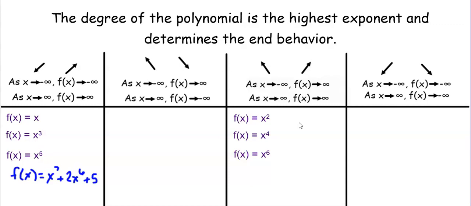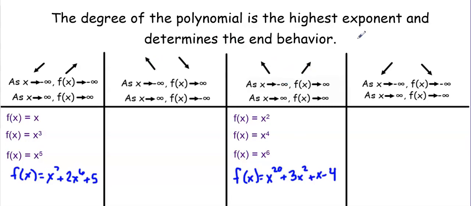And then we can add one other example. Let's say f of x equals, I'll do x to really any even number, I'll put 20, plus 3x to the 2nd power plus x minus 4. As long as the largest exponent is even, then it'll have this same end behavior.